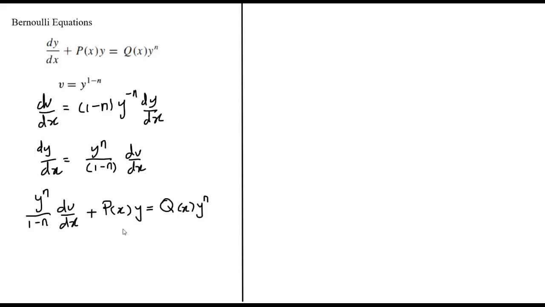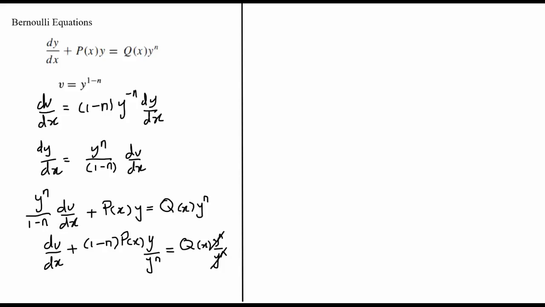And now, of course, to simplify the equation, we'll multiply both sides by the reciprocal of this. You can see here, I've left these so that you can see that this will go up and become 1-n over here, and these, of course, will cancel out completely.